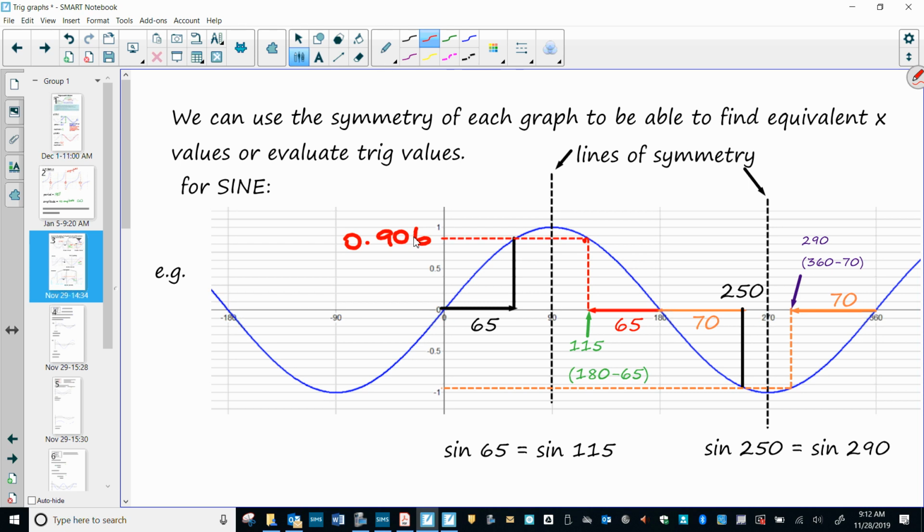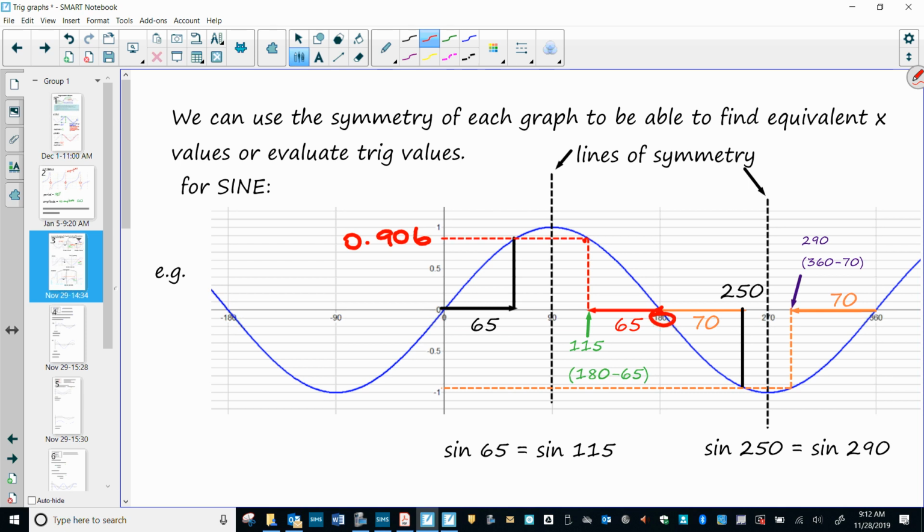Therefore, because this point here is at 180, then this value here must be 180 subtract 65. This represents 65, so this actual number would be 180 subtract 65.